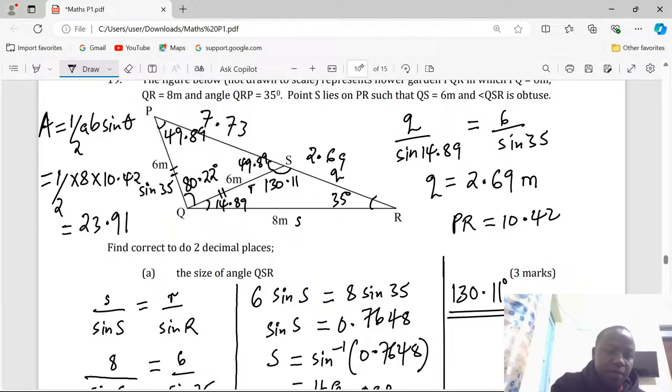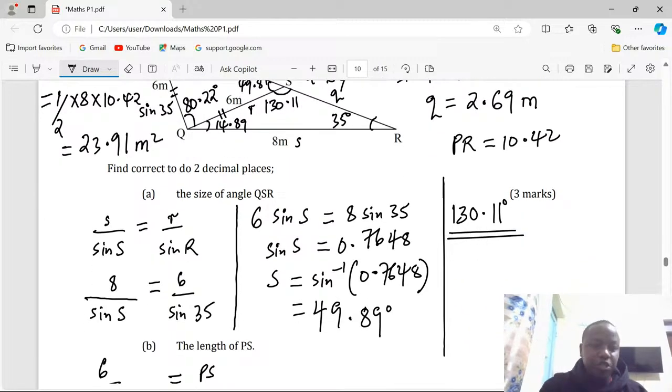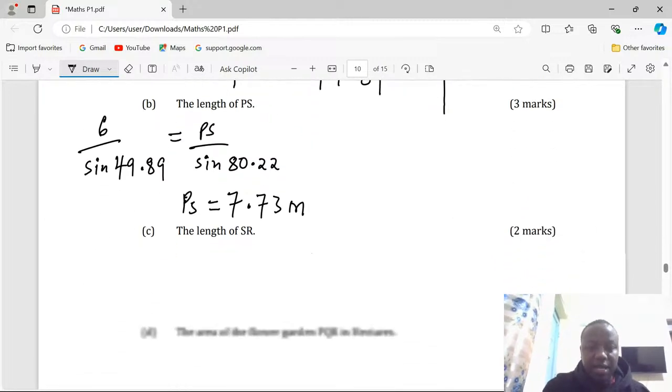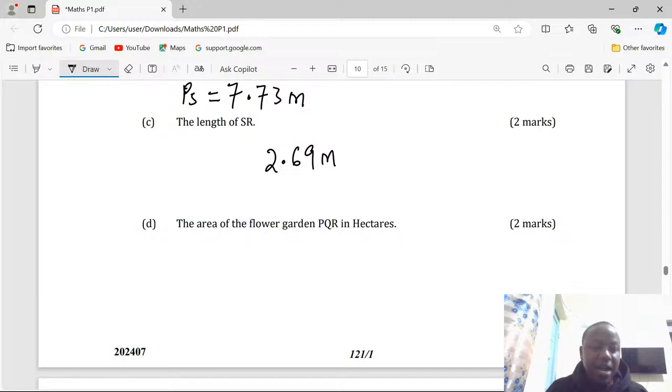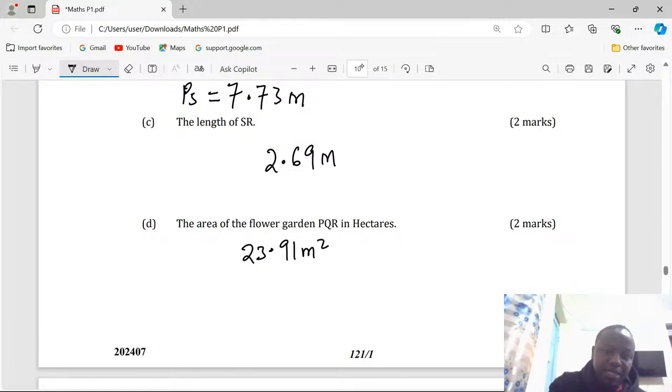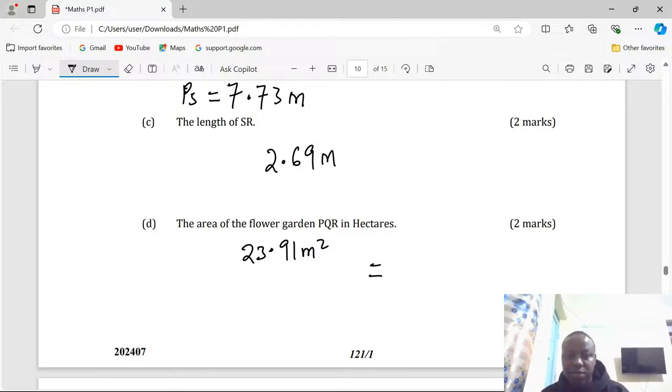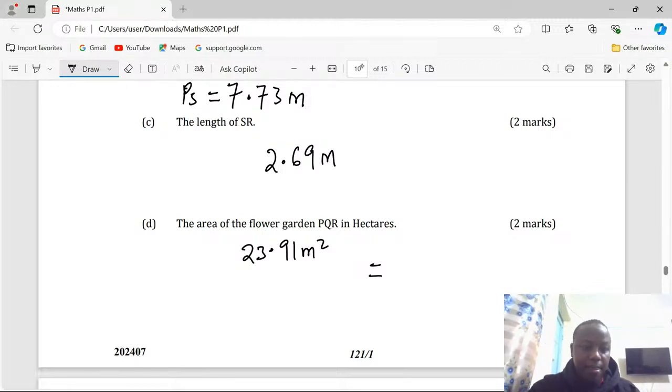23.91 square meters. But now I'm going to use the answer in my calculator so that I may divide all this by 10,000. This one can be divided by 10,000 for me to get the answer in hectares and in 2 decimal places.